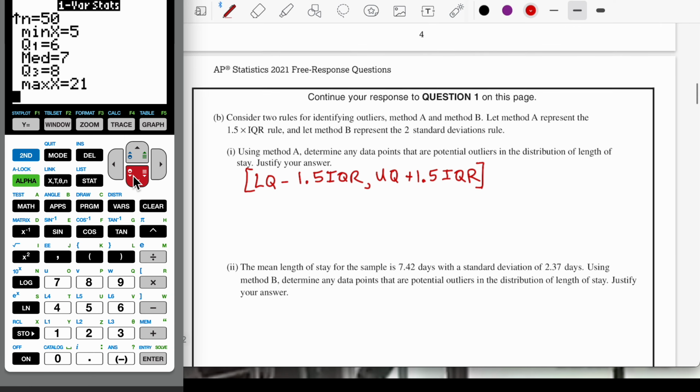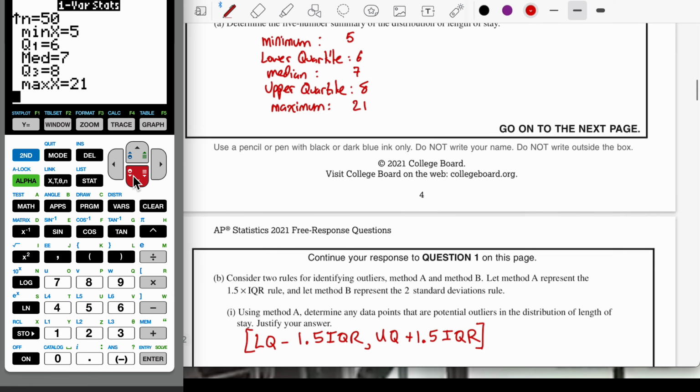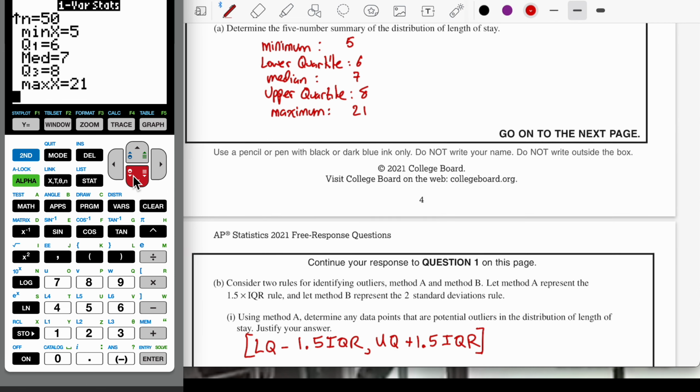The UQ represents the upper quartile. What I'm going to do is go back to my previous problem and make a note of that. LQ is my lower quartile. UQ is my upper quartile. So that I'm making it crystal clear that anytime I use LQ, this is what I'm referring to.